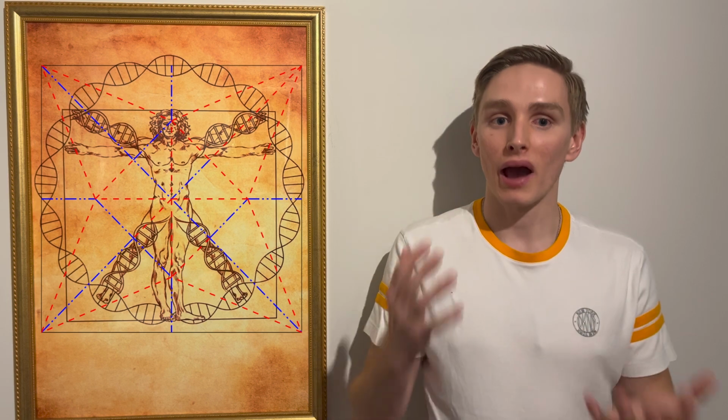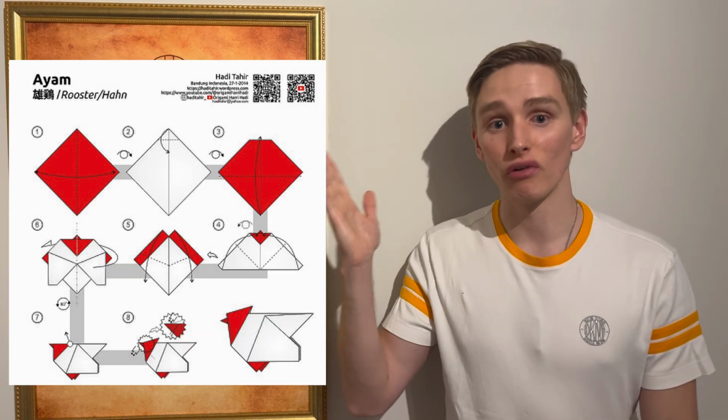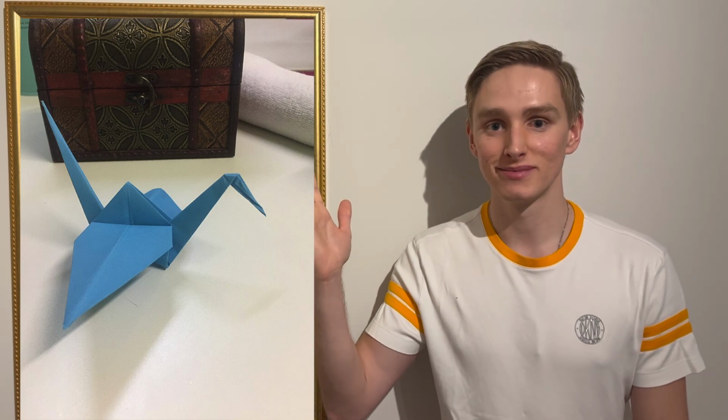A good analogy for this is actually origami, which is the art of folding paper, where its patterns of design are acted upon by its processes of folding the paper, which over time produces objects or animals.